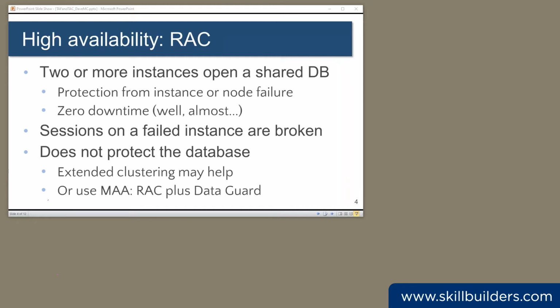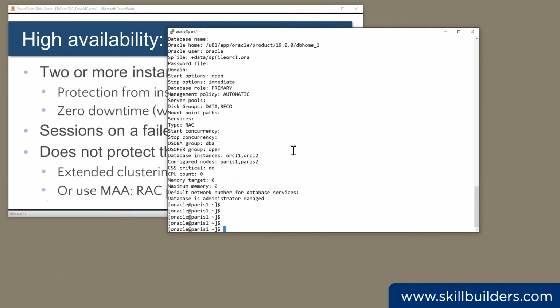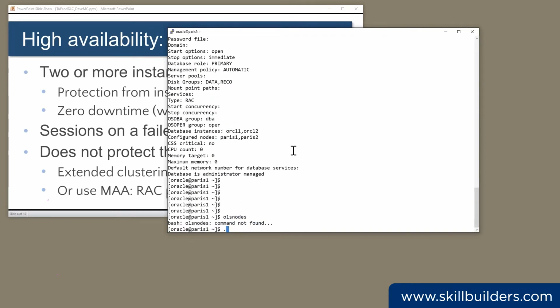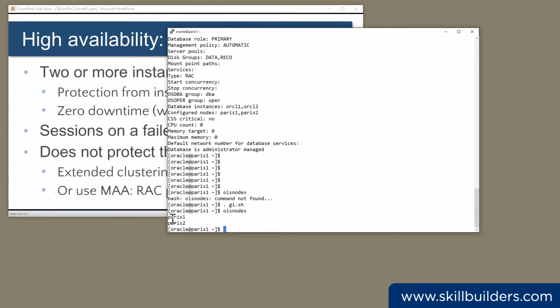For all my demonstrations, by the way, I'm going to be using just a little two-node RAC. If you look at the environment I have here for my demonstrations, I've got a two-node cluster, a machine called Paris 1, a machine called Paris 2 in a cluster.